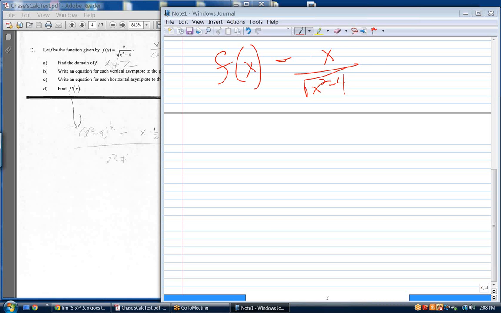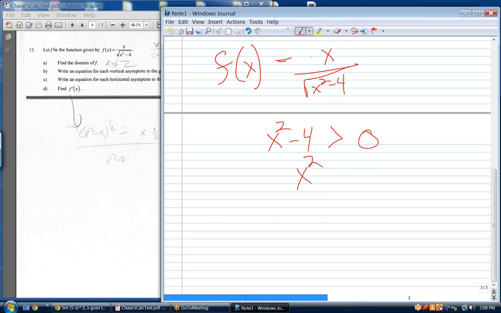Oh, yeah. In other words, x can't be 1. Right? Because then you're taking the square root of it. So the way to solve this is to say that whatever's inside the radical has to be greater than 0. Can't even be equal to 0. Okay, now if we solve this inequality, we get x squared has to be greater than 4.